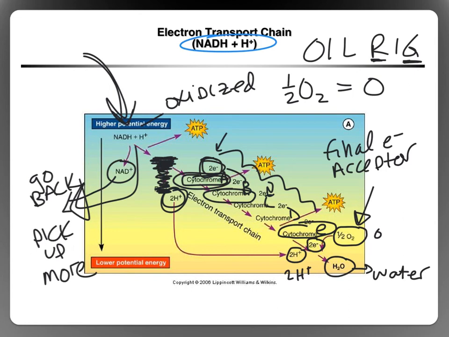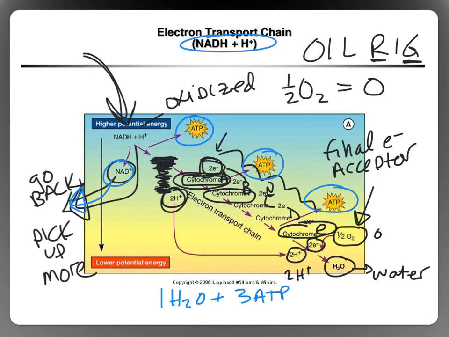Also note that as we went down the line, we produced some ATP. Because these electrons had carried energy, the energy from the electrons was used to phosphorylate ADP, and therefore at the end we end up with 1 water, 3 ATP, and an NAD, which goes off and gets more.